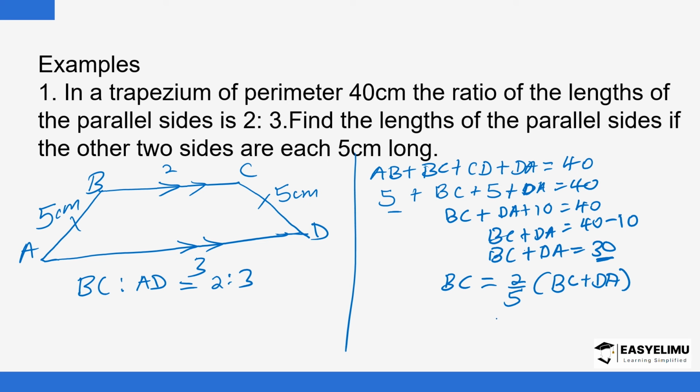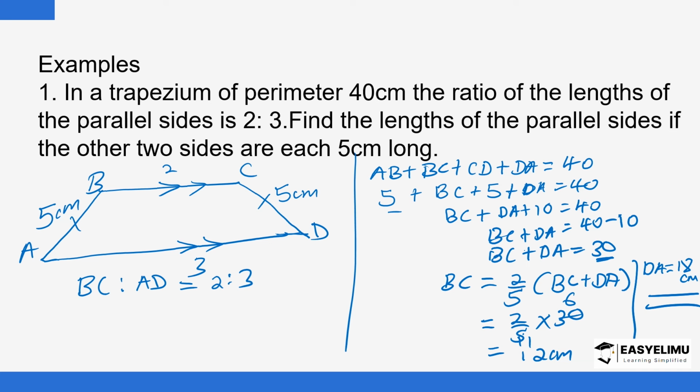That sum is 30, because BC is just a portion. So that is 2 over 5 of 30. 5 into 30 is 6, and 6 times 2 is 12 centimeters. So it then means that DA is equal to 18 centimeters.